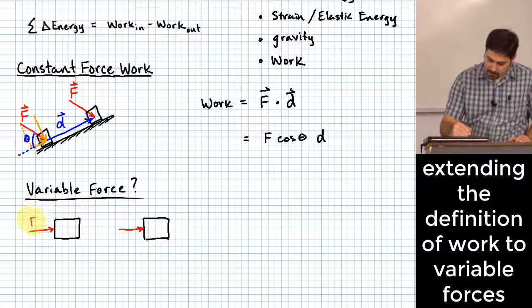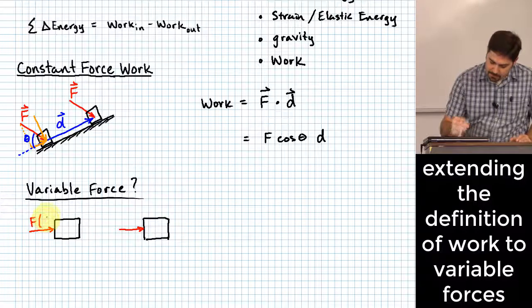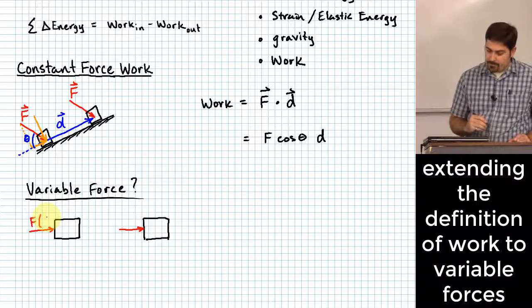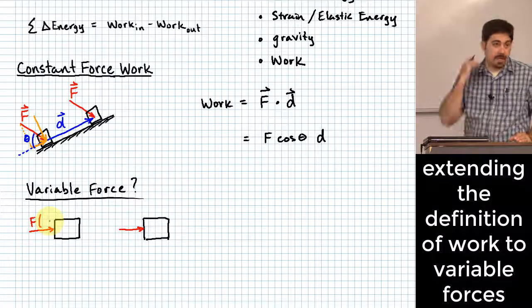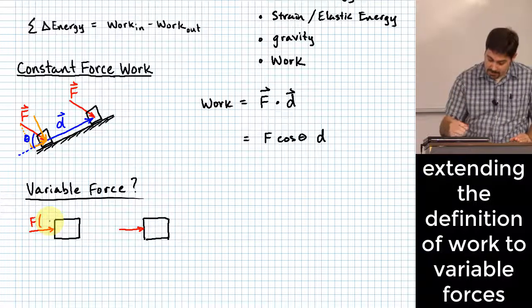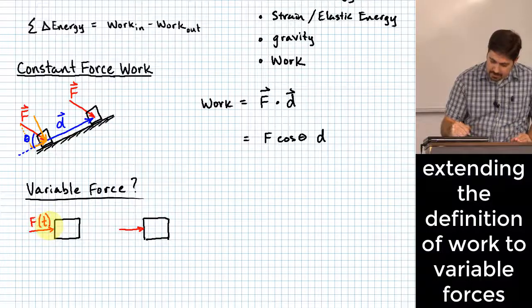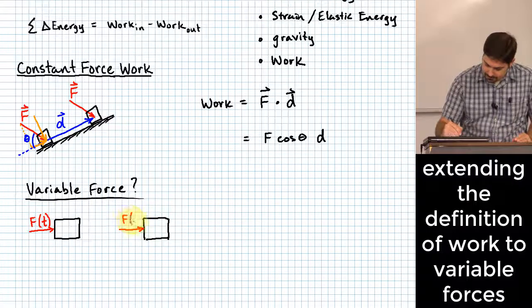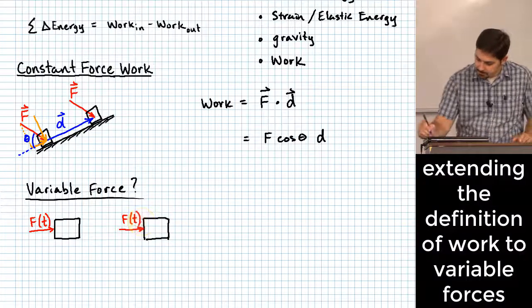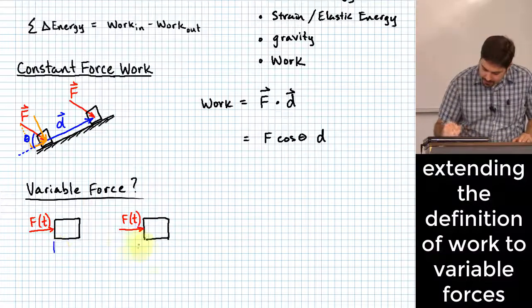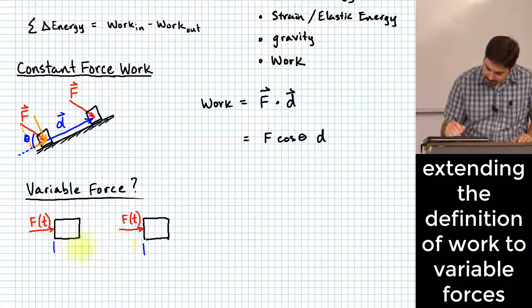We have a force here, but now this force is variable. You take it as a function of t, or as a function of position. Let's just say t here. So this is a variable force, and now it moves through this distance.